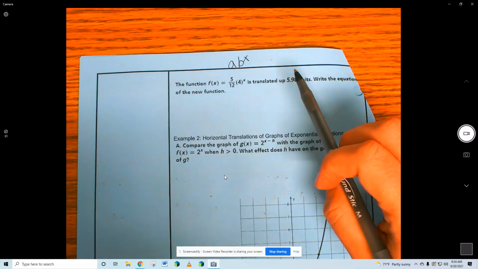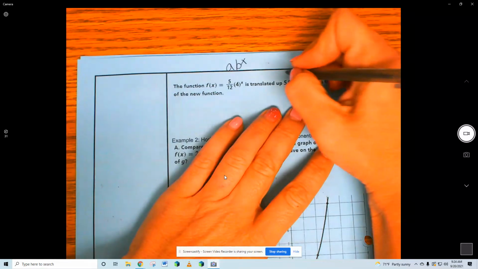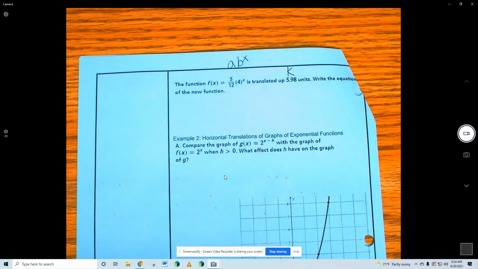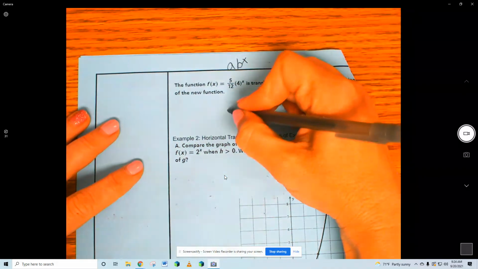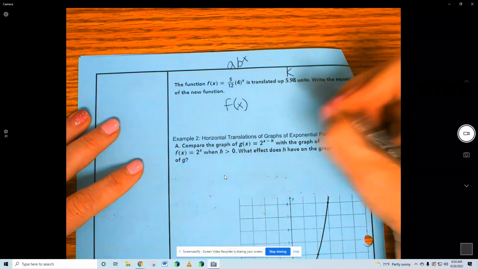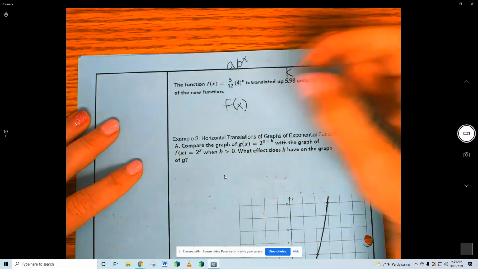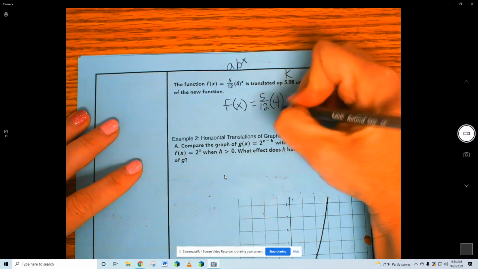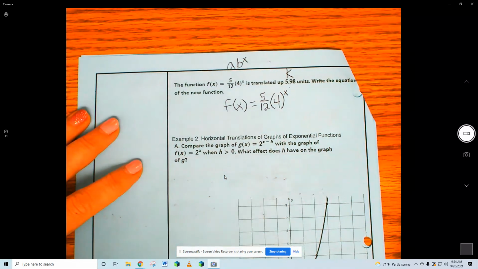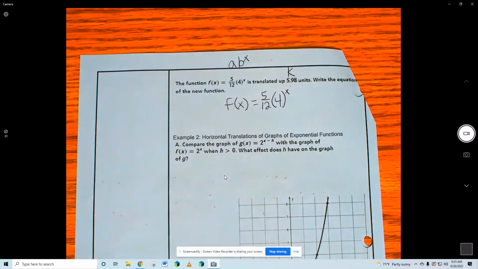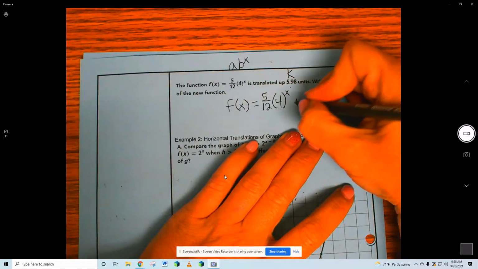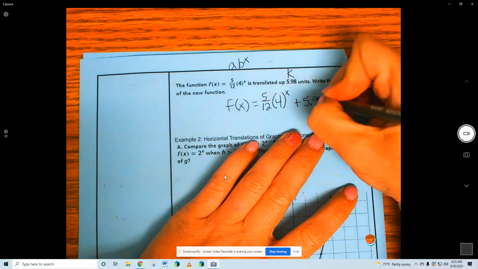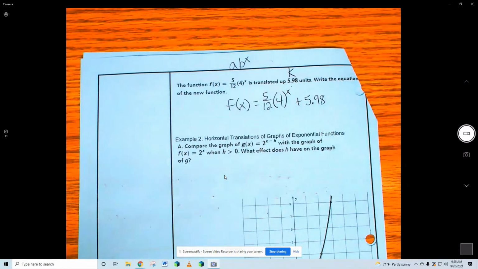Up means k, right? So I write this as is, 4 to the x. But if I'm going to go up 5.98, I'm just going to put a plus sign, 5.98 at the end. That would be my k.